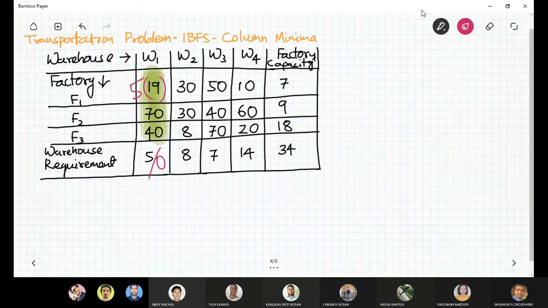Next, the next column. 8 and this becomes 0. How much would be this one? So 10.